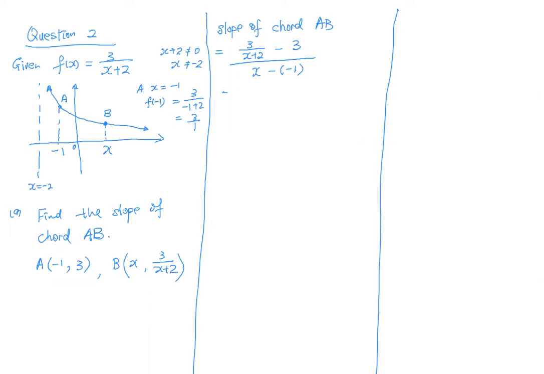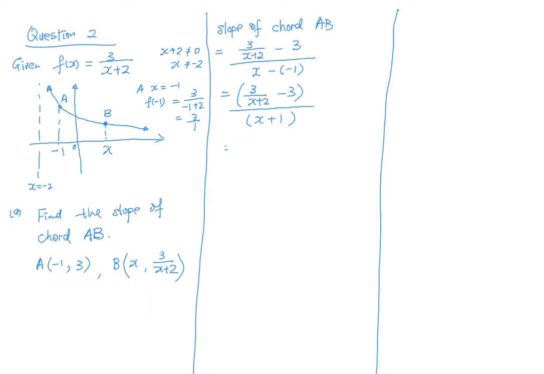So this is equal to 3 over X plus 2 minus 3, divided by what? X plus 1. Look carefully. X plus 1.